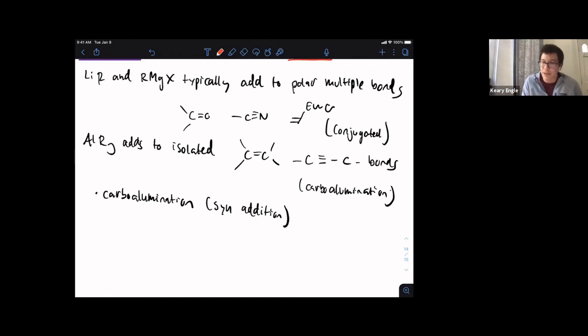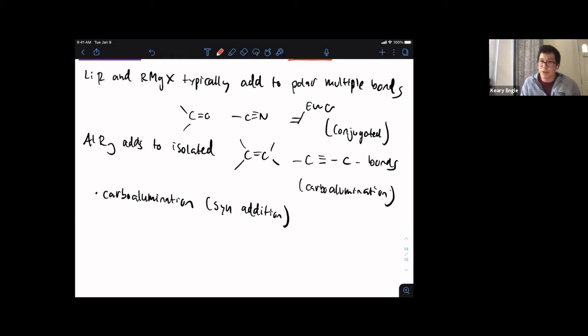And so indeed, in the case of organolithium and organomagnesium reagents, as we've seen, and I'm sure you've encountered at this point in your chemical education, these are highly reactive with polar functional groups, such as carbonyls, nitriles, or conjugated alkenes, so-called Michael acceptors.